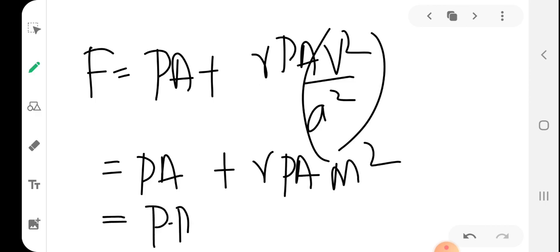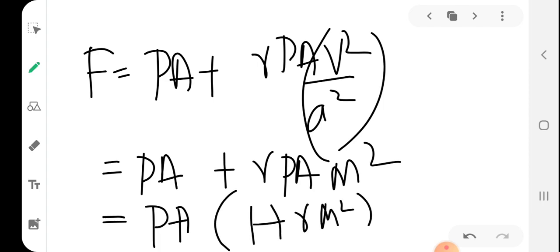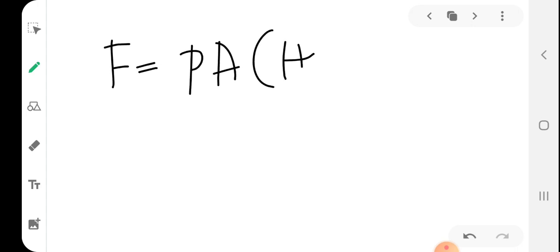Taking PA as common, 1 plus gamma M square. So the impulse function is nothing but pressure force PA into 1 plus gamma M square.